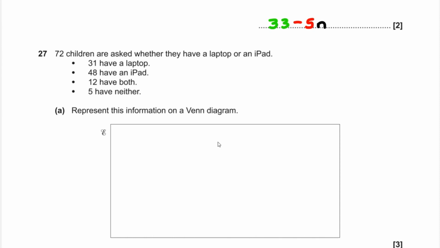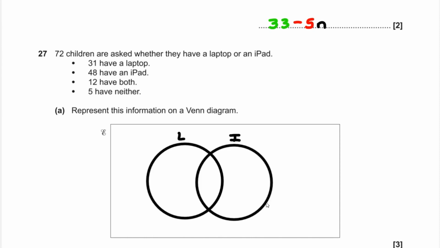Question 27. 72 children are asked whether they have a laptop or an iPad. 31 have a laptop. 48 have an iPad. 12 have both. 5 have neither. We have to represent this information on a Venn diagram. Here is a Venn diagram. What we know so far is that 12 have both a laptop and an iPad.